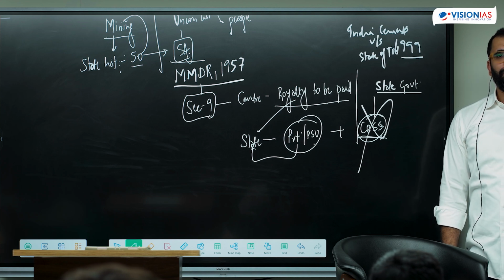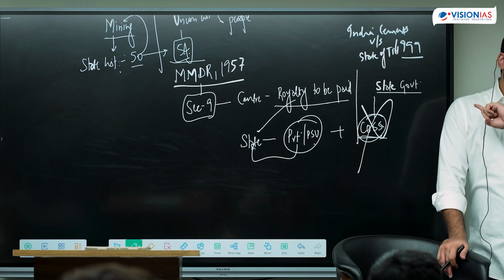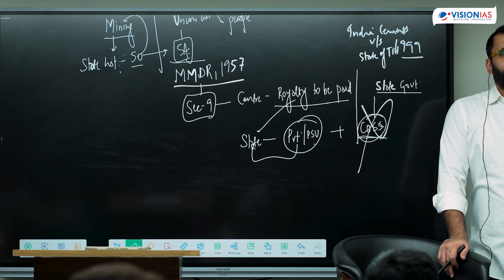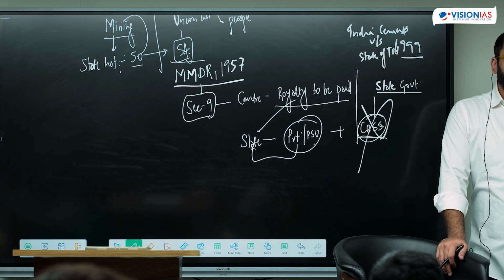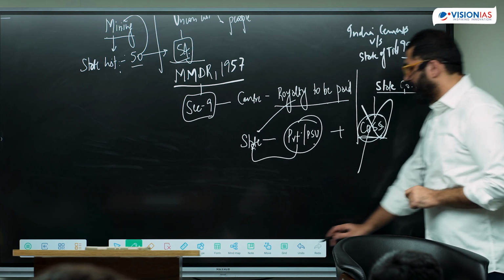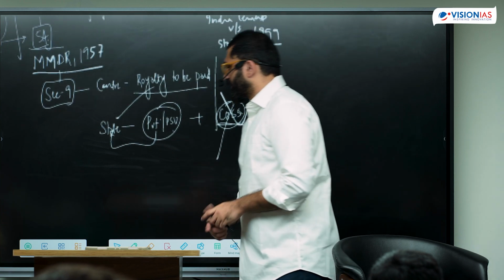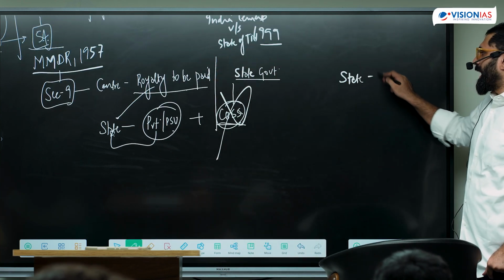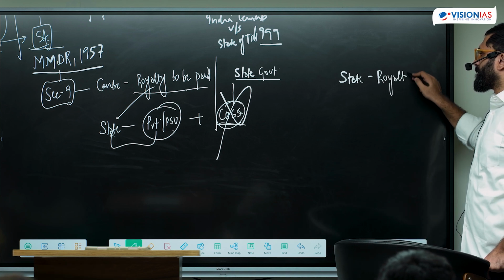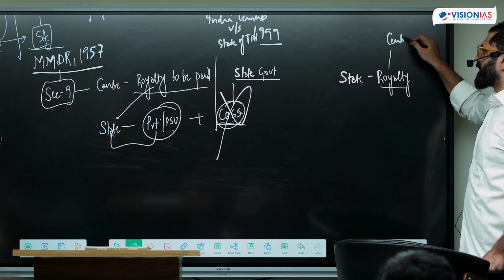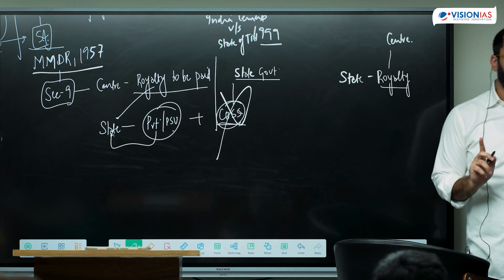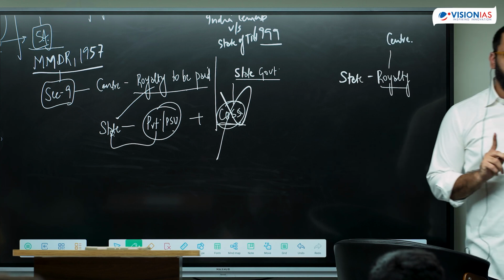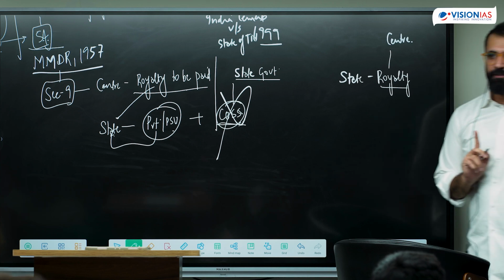This judgment has been overturned this time, where the state has been given the power to collect the tax. So now what the present judgment says is, the state can collect the royalty, which will be decided by the center. So this was already decided. This is something under both the list and also the MMDR Act 1957.